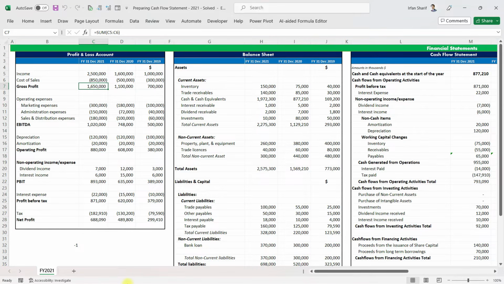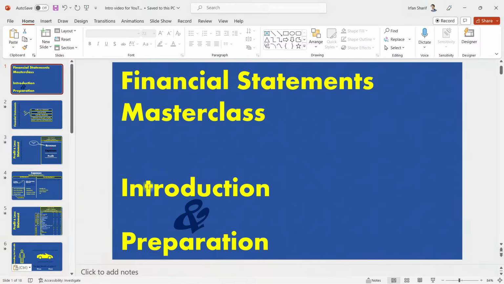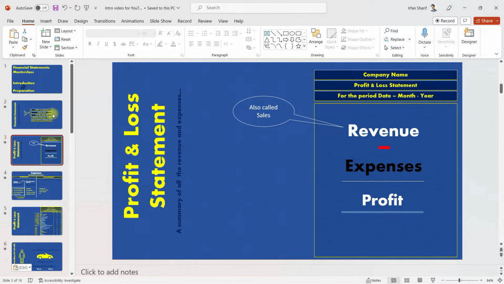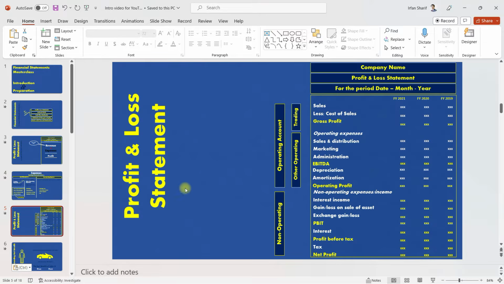Rather, I would start with the very basic lectures where I would be explaining you that what are financial statements, what are the components of financial statements. I would be explaining you the financial statements at its simplest, that what this report stands for, what is the overall meaning, and explaining all those financial terms one by one. I would be showing you the reports at their finest.